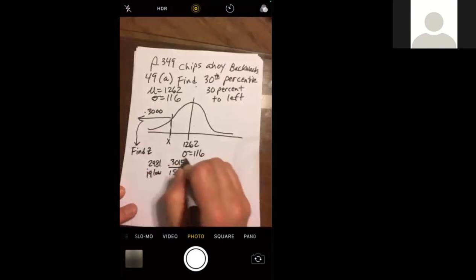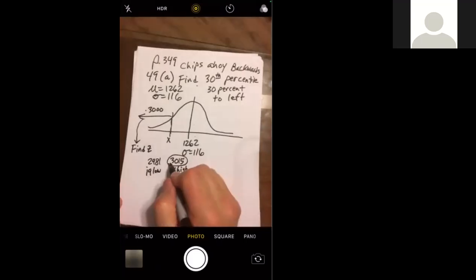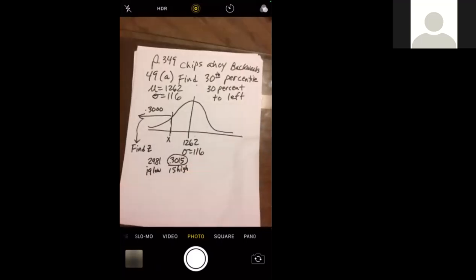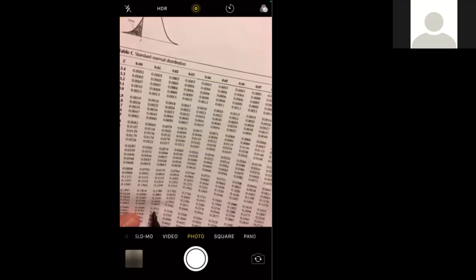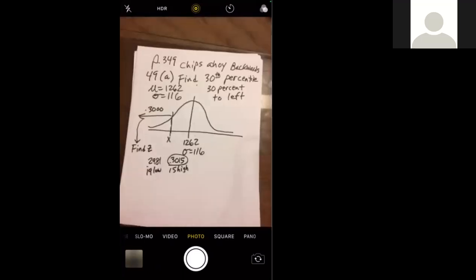So I will pick this one, giving me a Z of negative 0.52.